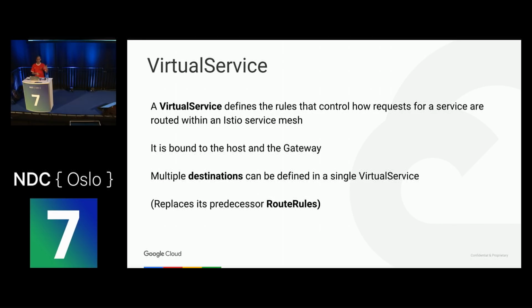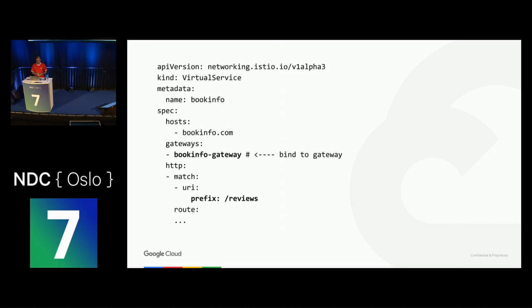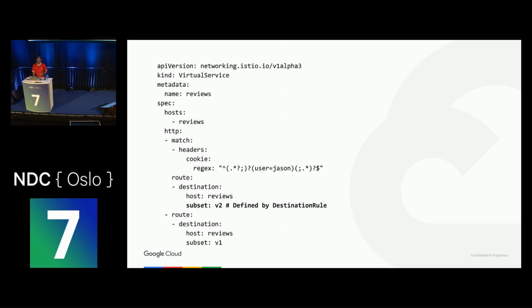Istio, before 0.8. So the way you define a virtual service is you first point to a gateway, so you know how to get into the service mesh. Then you define the actual endpoints that your service defines. So in this case, the reviews will be defined in here.